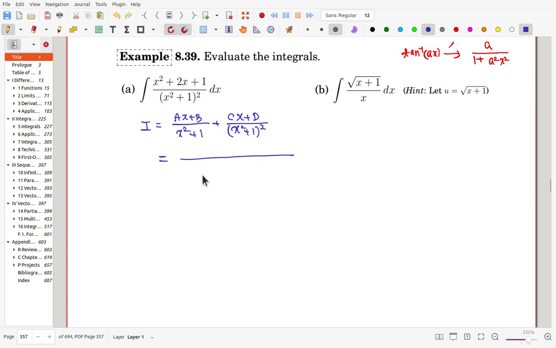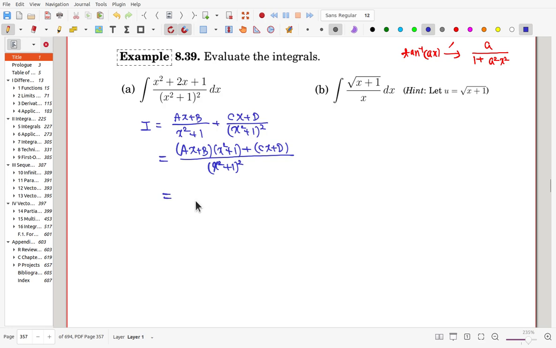Then the common denominator must be (x² + 1)², and on top, (ax + b) times (x² + 1), and from the second part, cx + d.